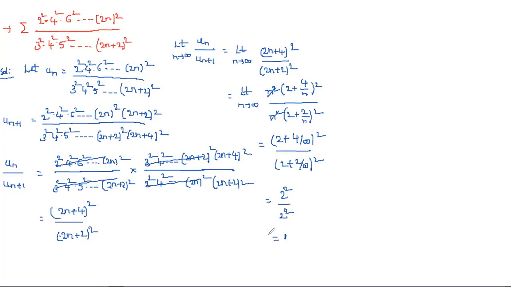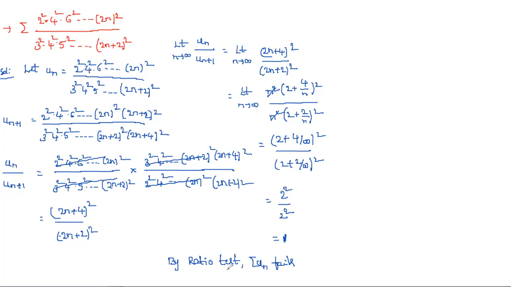Of course, here it doesn't have any x term, but even though, what we got is the value 1. So by ratio test, if you are getting 1, simply we'll say that by ratio test, summation un test fails. Okay, so ratio test is failing.